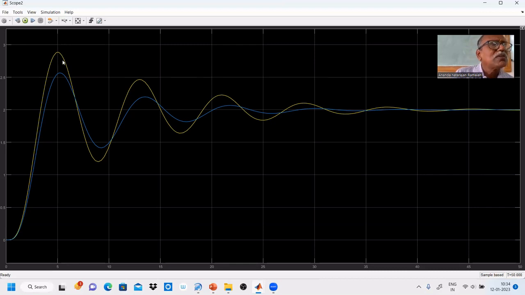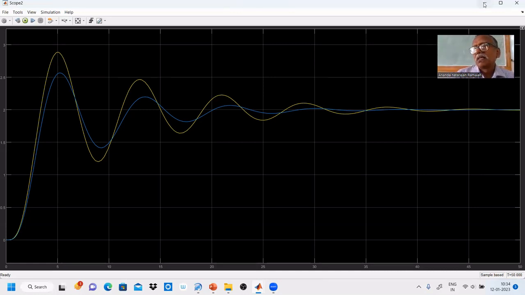Even if you see the overshoot, the continuous cycling method gives less overshoot. Less IAE, less ISE, quickly settles, less overshoot. You have to trace this.